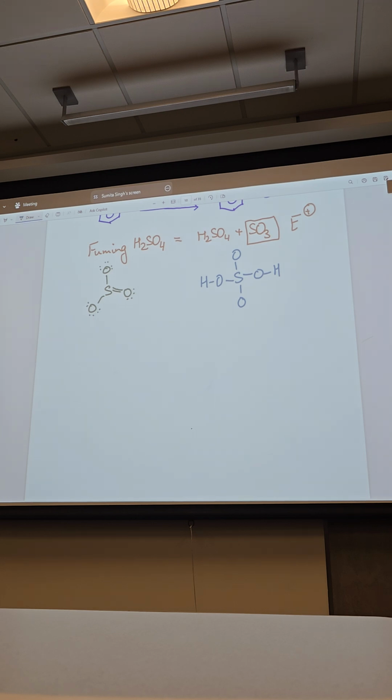Guys, this is something you've done in first quarter Gen Chem, 161. What is the better Lewis structure for sulfuric acid? Sulfur has a double bond with two of the oxygens. Why? Because sulfur can expand its octet. Do you remember this?